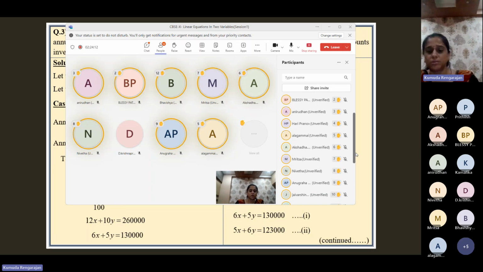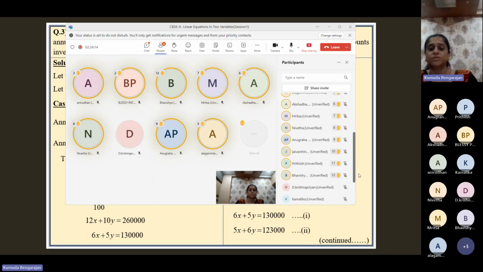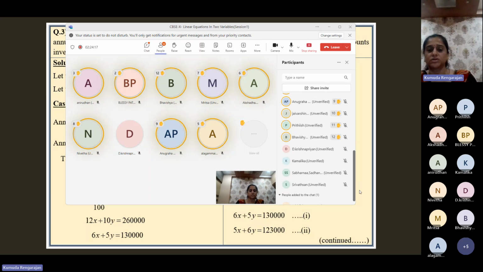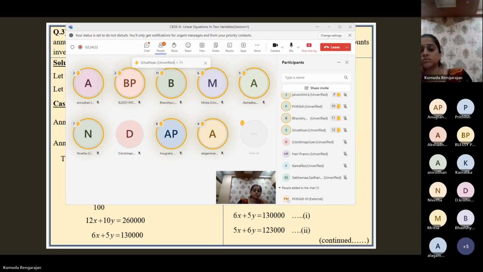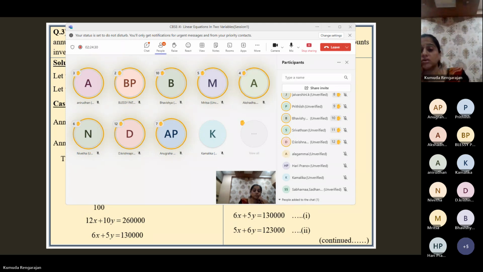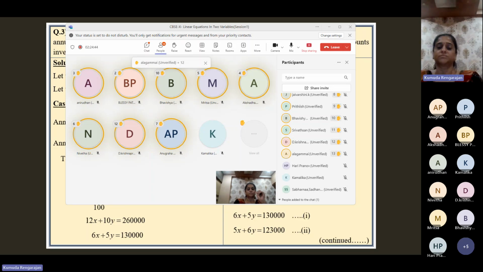Swati, Blessing, Aniruddhan, Aragamai, Akshada, Niveda, Anugraha, Jayvarshini, Pratish, Krishna Priyan, Srivatsan, Kamalika, Arjun.